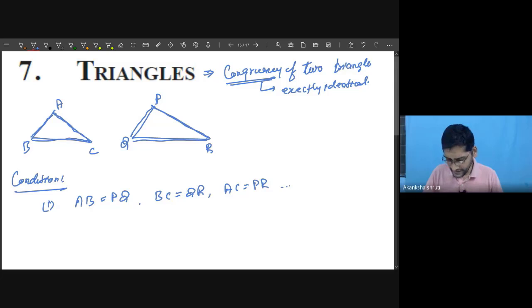Means all these three sides are equal. It is called SSS congruency: side, side, side. All three sides are equal.